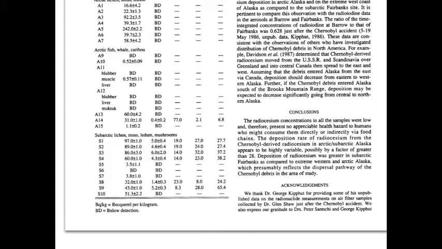Now, the final part of your paper, after you have discussed what it is you found in your results section, and you have completed your discussions section, then it is customary to write a conclusions.